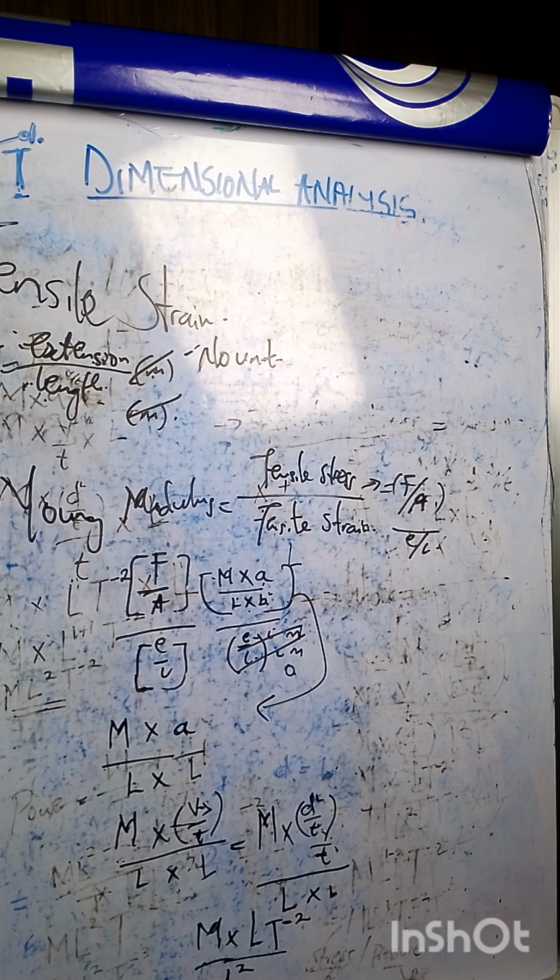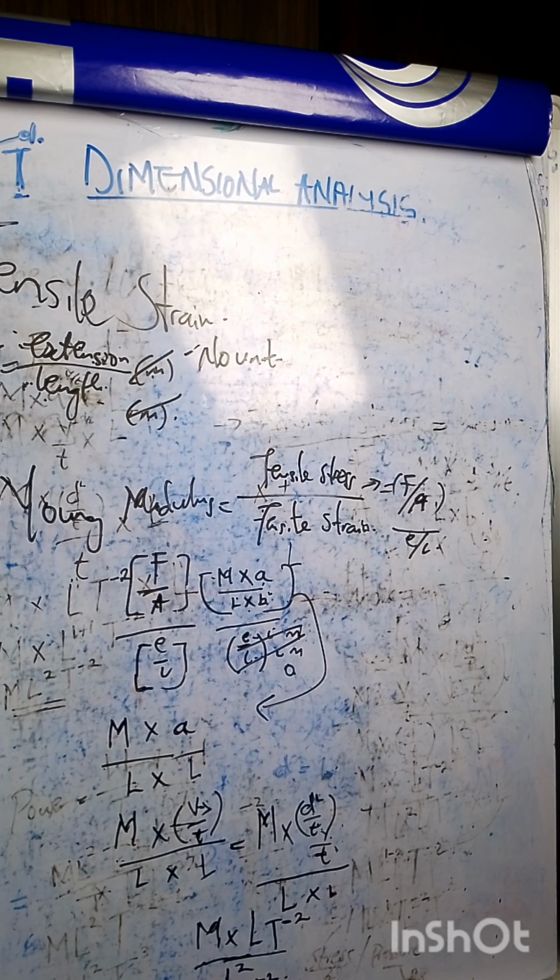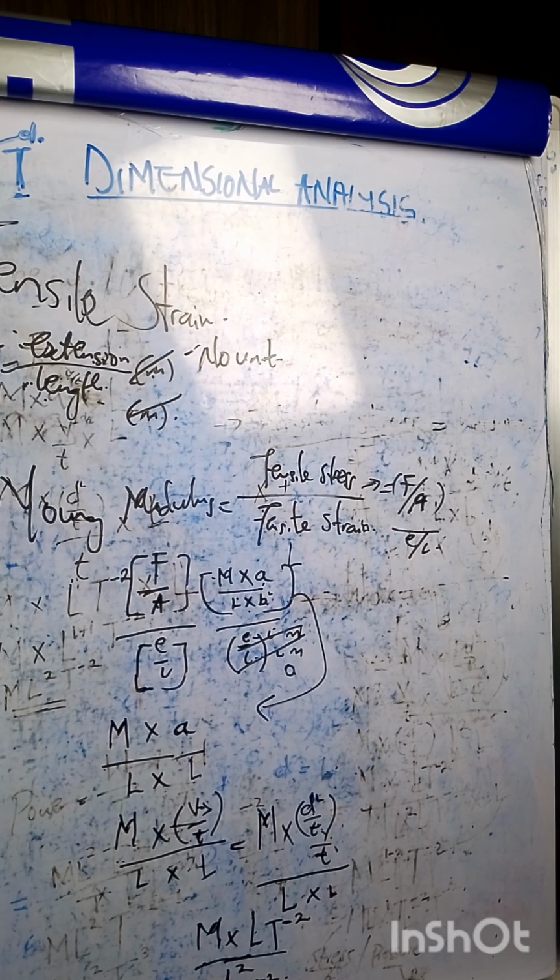So we obey the law of indices. The one on top is carrying power 1, and the division sign tells us it will be a minus. Then minus 2, T to the minus 2. So 1 minus 2 will be minus 1. T to the minus 2. And that would be the formula, the dimension of what? Young modulus. You with me?